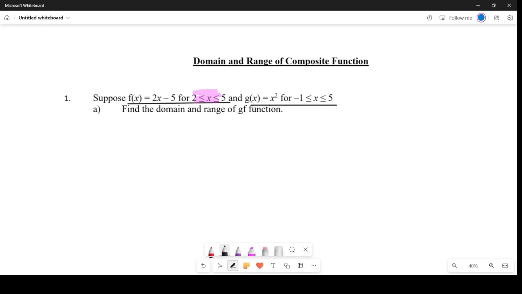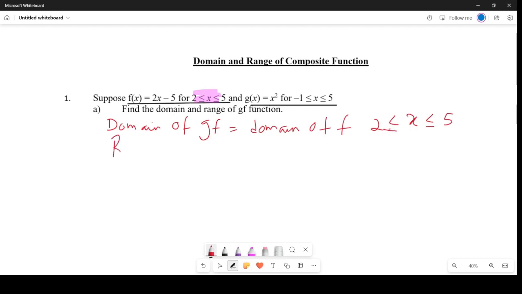Domain of gf equals domain of f, which is x is greater than or equal to 2, less than or equal to 5. Okay. What is the range of gf? It should lie within the range of g.